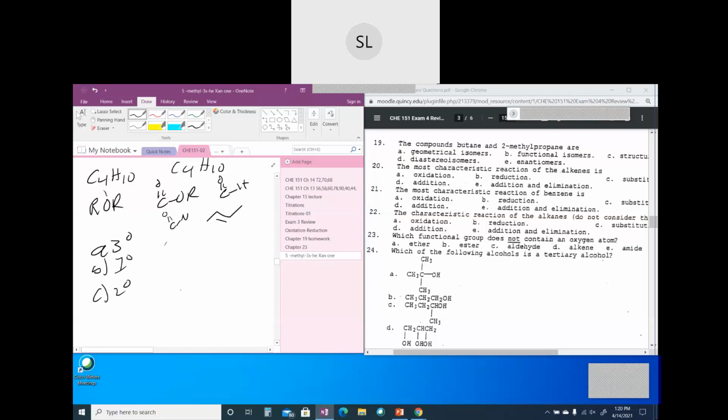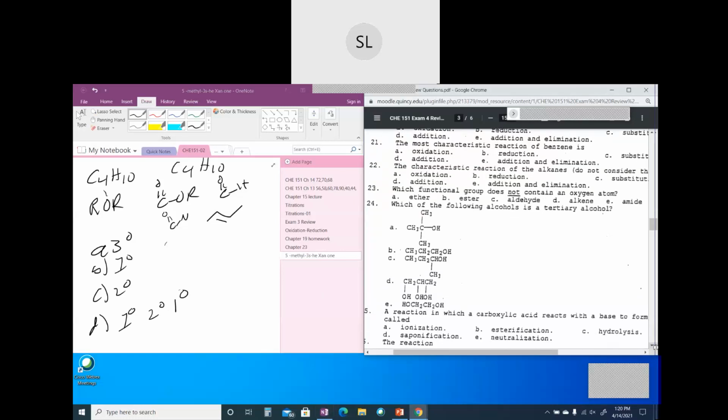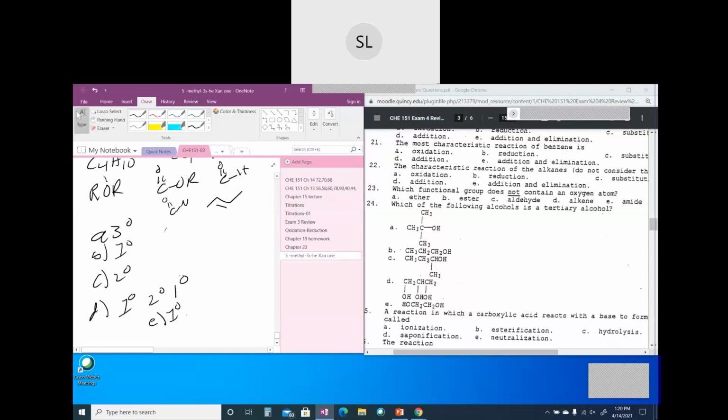Your D, well, it depends on which one you're looking at. So D, the first alcohol is primary. The second alcohol is secondary. The third alcohol is primary. And then part E, you have a primary alcohol. So the only one that is tertiary is the t-butyl alcohol, letter A.